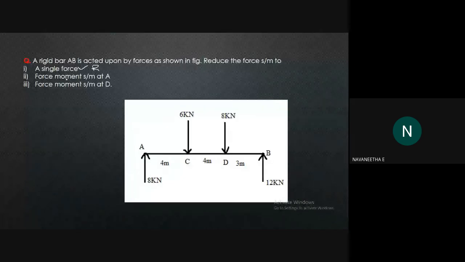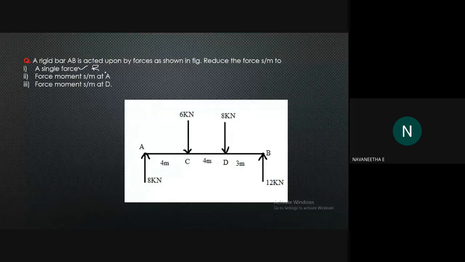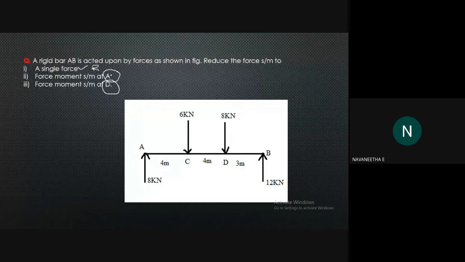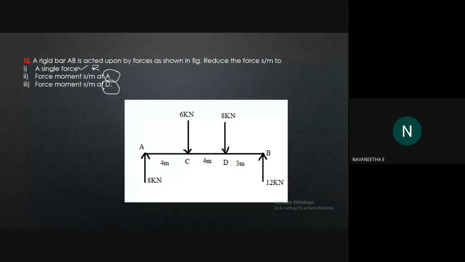Then a force and moment system at A. That is, if we find the resultant R, then we have to replace the resultant force at point A, and have to transfer the same resultant at point C. So first of all, find the resultant and replace it at point A, then transfer it to point D. So this is the question. Draw the figure and write down the question.